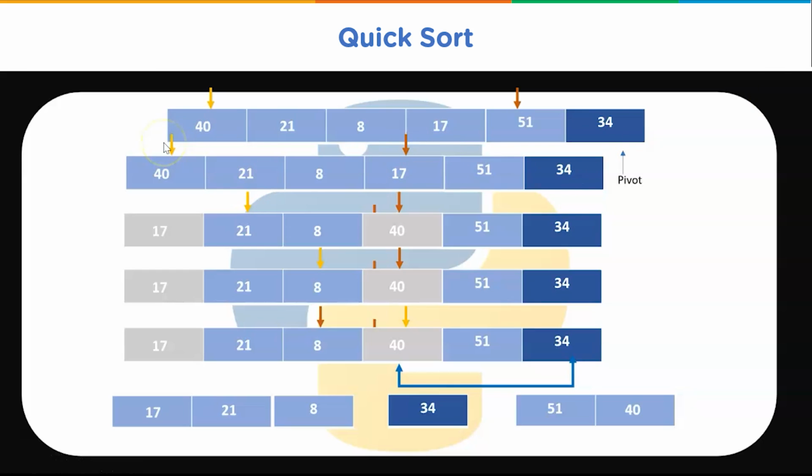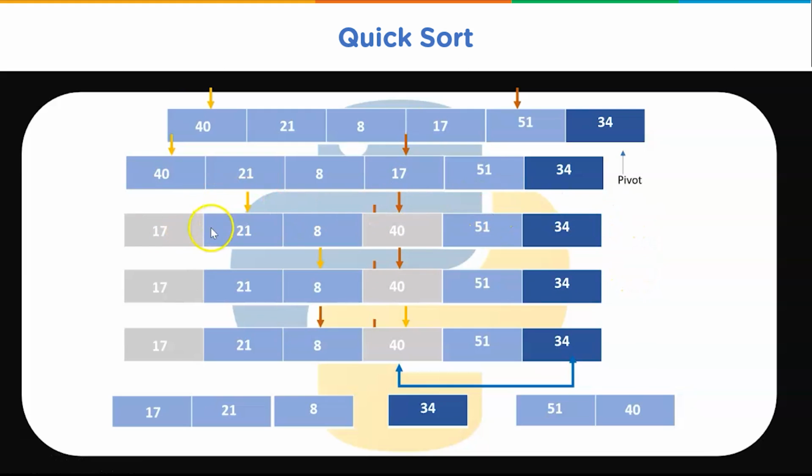And I checks whether it is greater than 34 or not. Now in this scenario, 40 and 17 meet the condition: 40 is greater than 34 and 17 is less than 34, so we will make a swap of these elements. 17 will interchange with 40 and 40 with 17, and then I and J will continue their journey ahead.